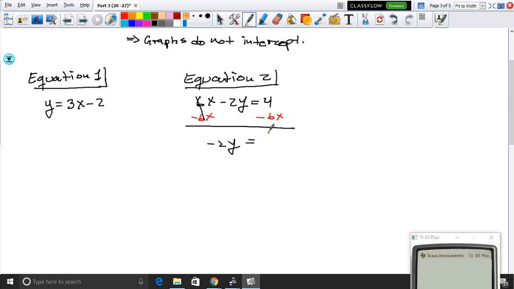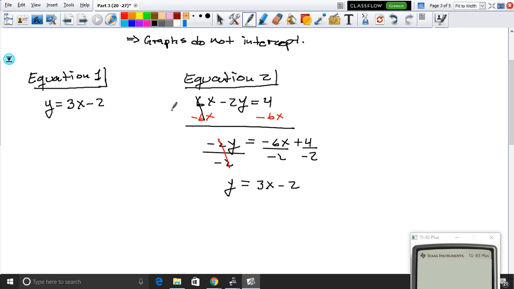Notice here that you cannot combine them, so let's just write them next to each other. Perfect. To solve for y, we have to divide by negative 2 on each term. This way, this cancels out, and now we have that y is equal to negative 6 divided by negative 2, that is positive 3, so 3x. And 4 divided by negative 2 is negative 2.